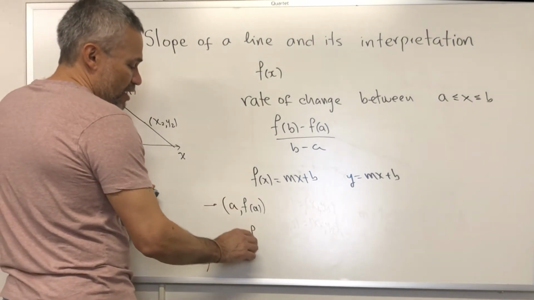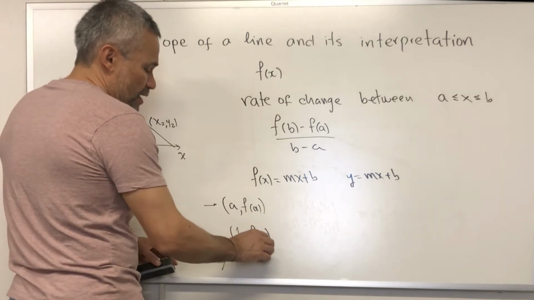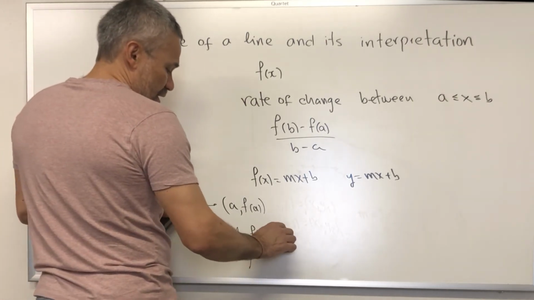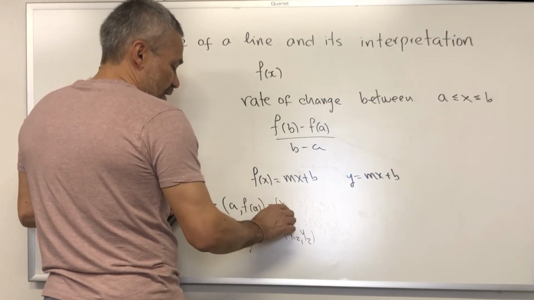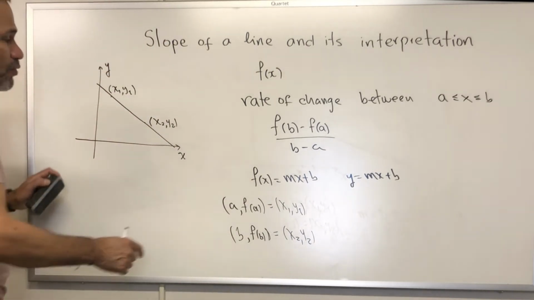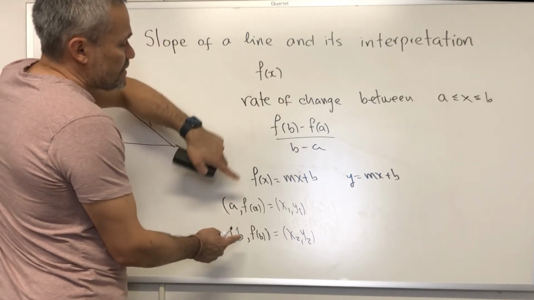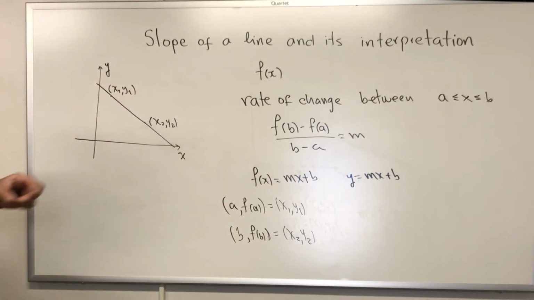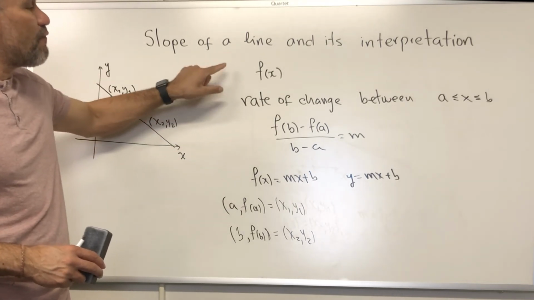And if we know the value f of b, it means that b, f of b is a point in the graph. If we label this as x2, y2, and this as x1, y1, then when we compute the rate of change, which is f of b minus f of a over b minus a, essentially we are computing the slope of the line. Then the slope of the line represents the rate of change of the function when that function is a linear function.